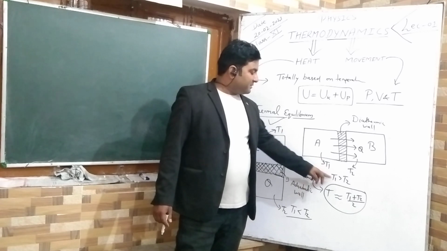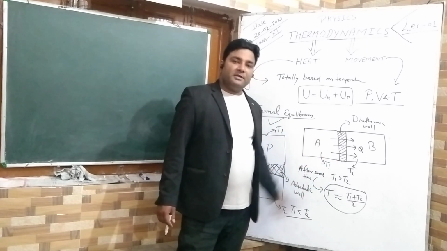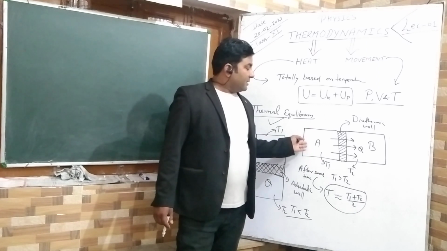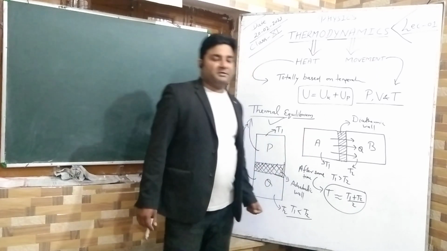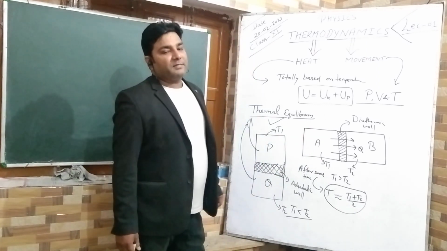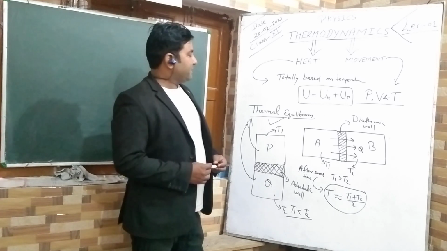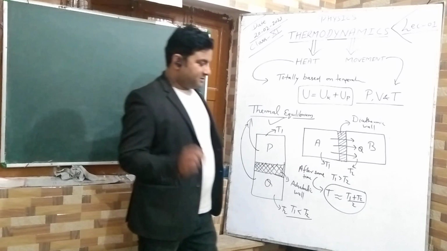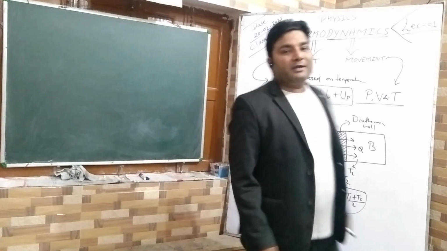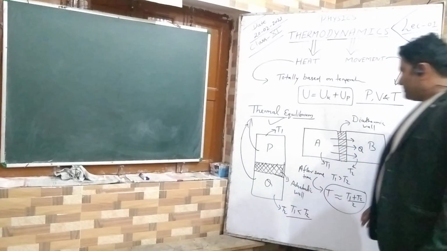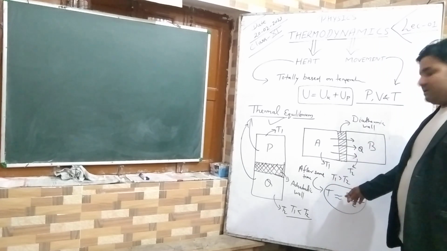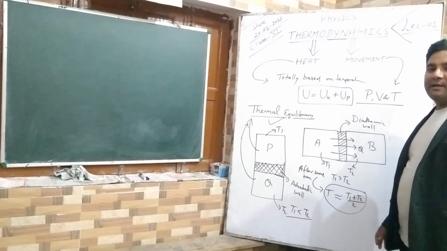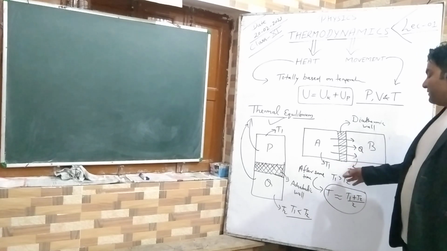Because body A has greater temperature compared to B, and heat flows from greater temperature to lower temperature. Clear? So this is the concept of thermal equilibrium. Thermal equilibrium is a concept in which two bodies attain a common temperature when they are connected through a diathermic wall and initially have different temperatures.